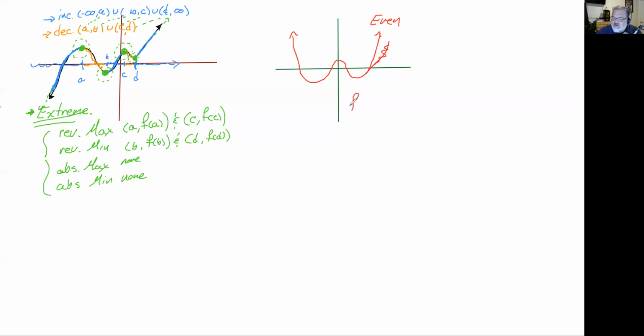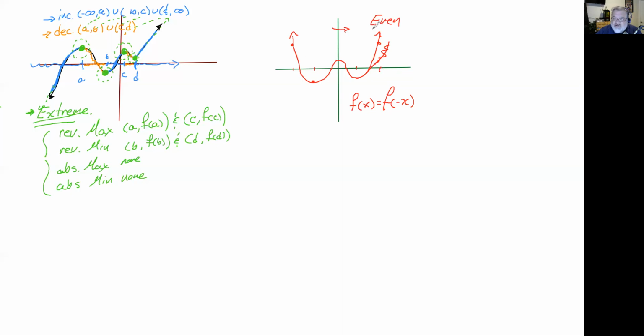The function at any x value is equal to the function at the opposite x value. Say f at 3 is the same as f at -3. f at 10 is the same as f at -10. So you get that mirror symmetry, often called y-axis symmetry, because it's flipped around the y-axis.